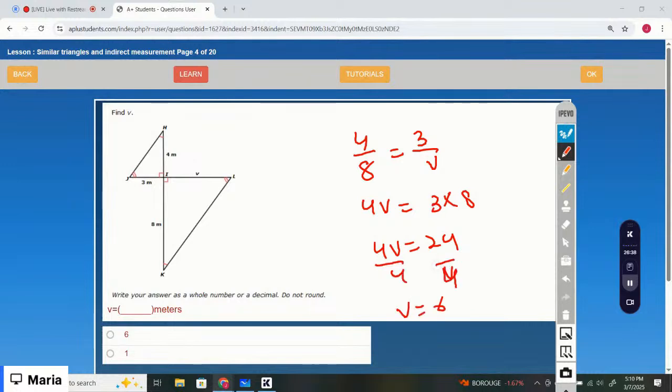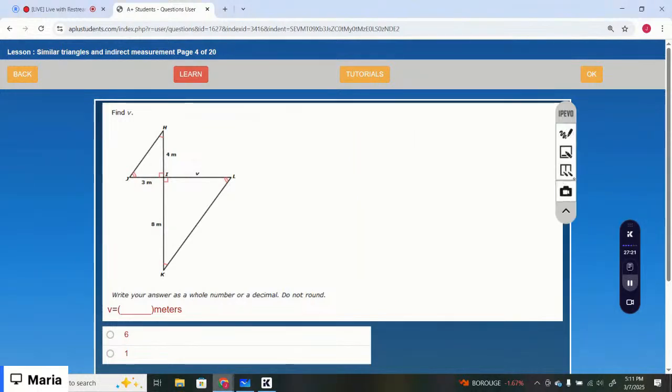So V equals 6. Option number 1 is the correct option.